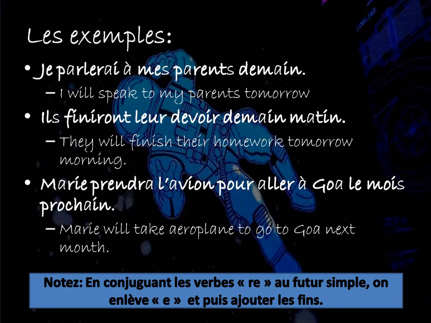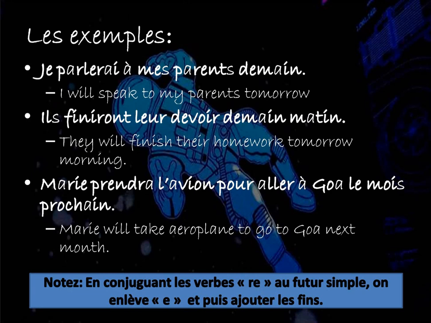Notez, en conjuguant le verbe RE au futur simple, on enlève E et puis on ajoute les fins. We need to know that while conjugating RE ending verbs in simple future tense, we are going to remove E from the ending and then add the avoir endings to them.